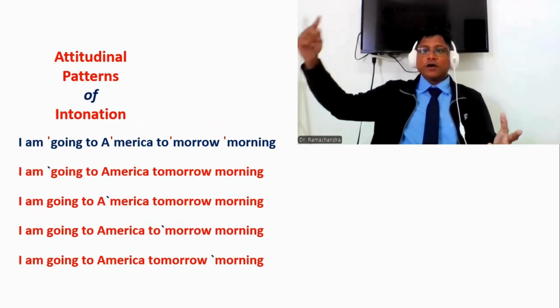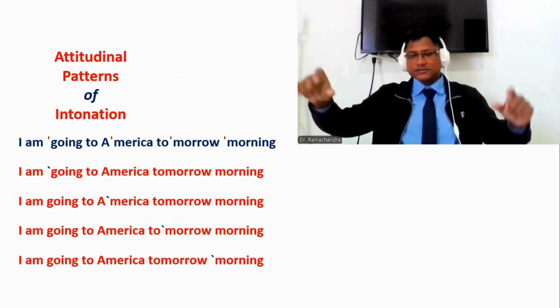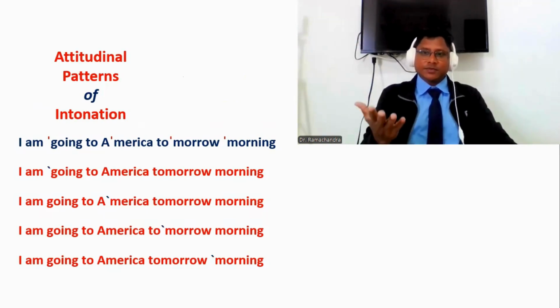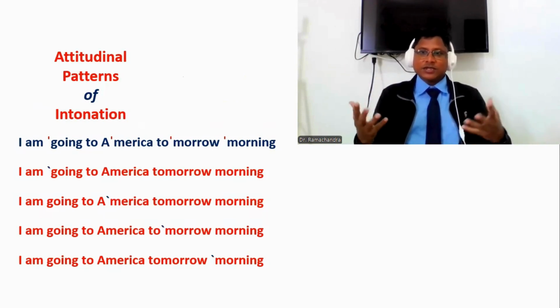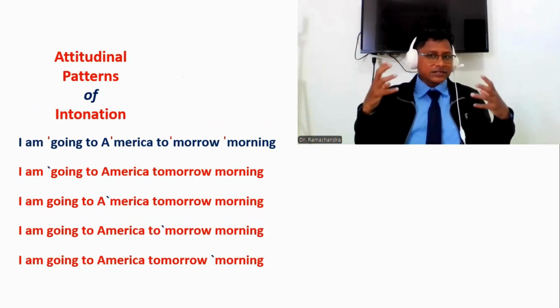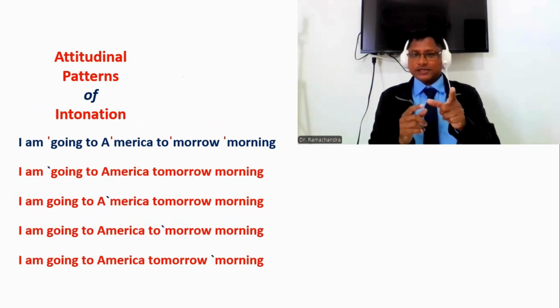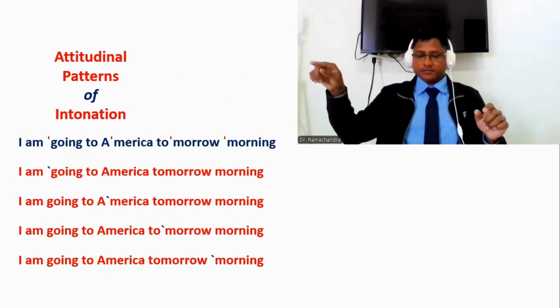by using falling tone, by giving pitch prominence on a particular syllable in a word in a sentence. That means I tell something to the listener, I tell something to the audience. Native speakers, we don't know, we can't understand, but native speakers use these tones frequently.